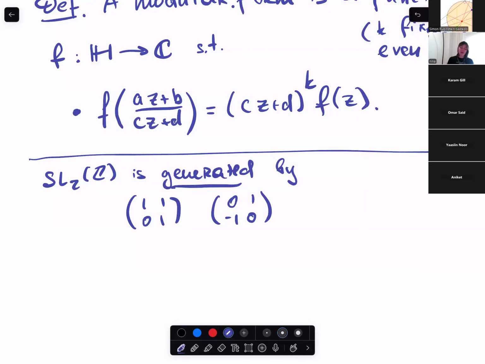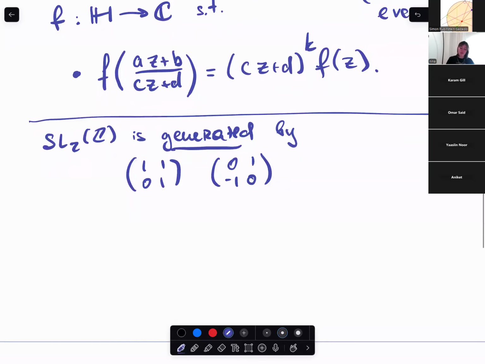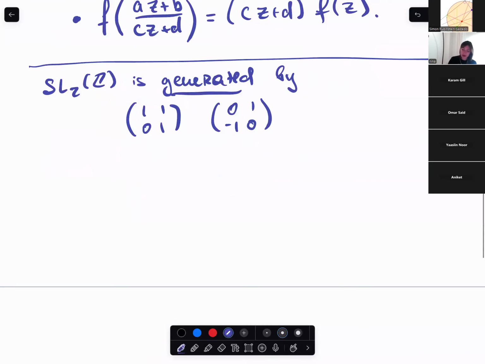So what that means is that for any matrix in SL2Z, for any matrix of determinant 1, I can take just these two, and if I combine them, possibly I need to combine them a million times, but by continuing to multiply them with one another, I can produce anything that is in SL2Z.